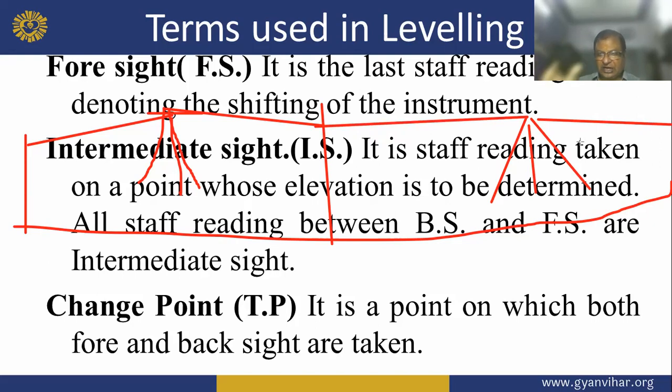So it is the staff reading, and it is a point on which both fore and back side are taken. Clear?